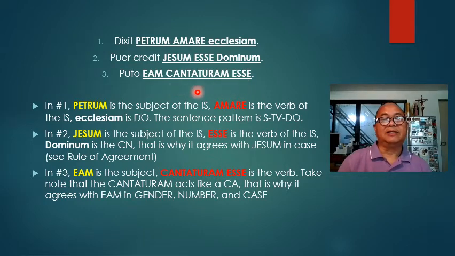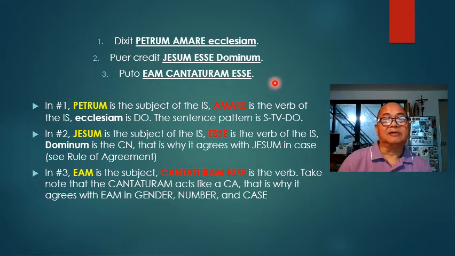And as I have already said, the future active participle cantaturam must agree with eam in number, gender, and case. These are the examples, and this should always remind you that the subject is accusative, the verb is in the infinitive form.